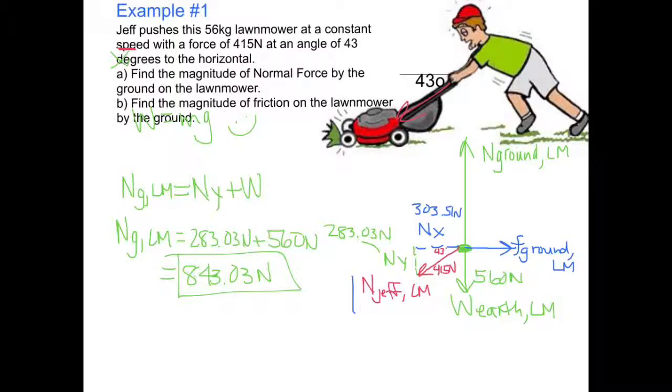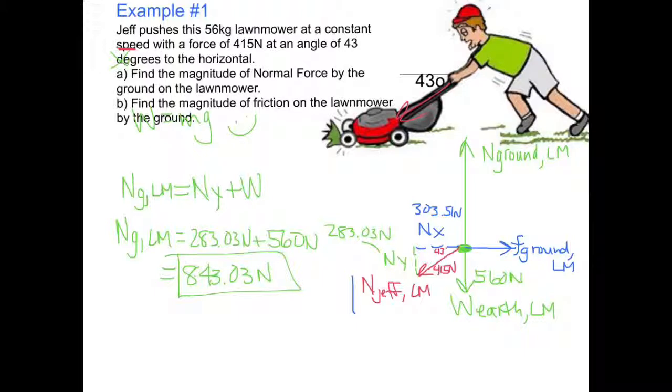Part B is a little simpler here, because we know that nx and friction have to equal each other, because this is the only left force and this is the only right force. And if this lawnmower is moving at a constant speed, we know that they have to be balanced.